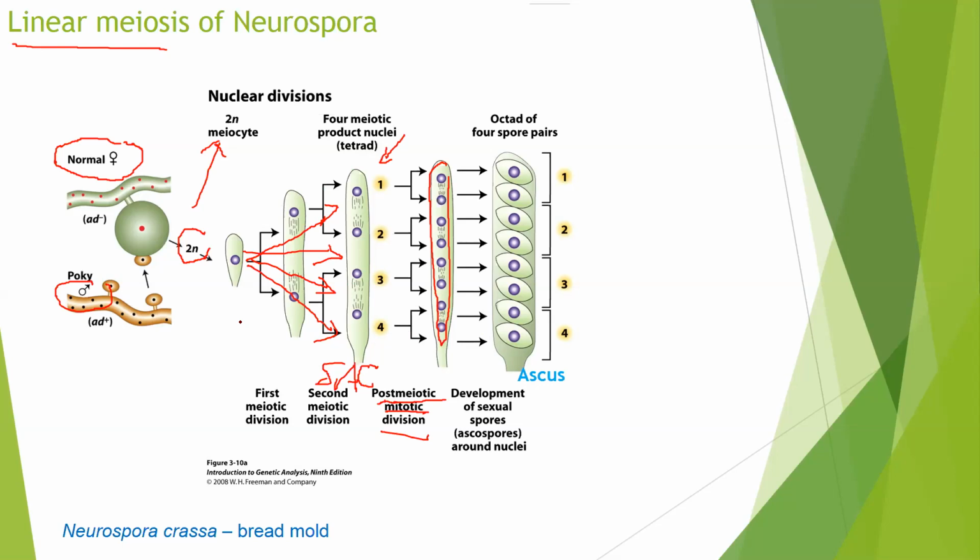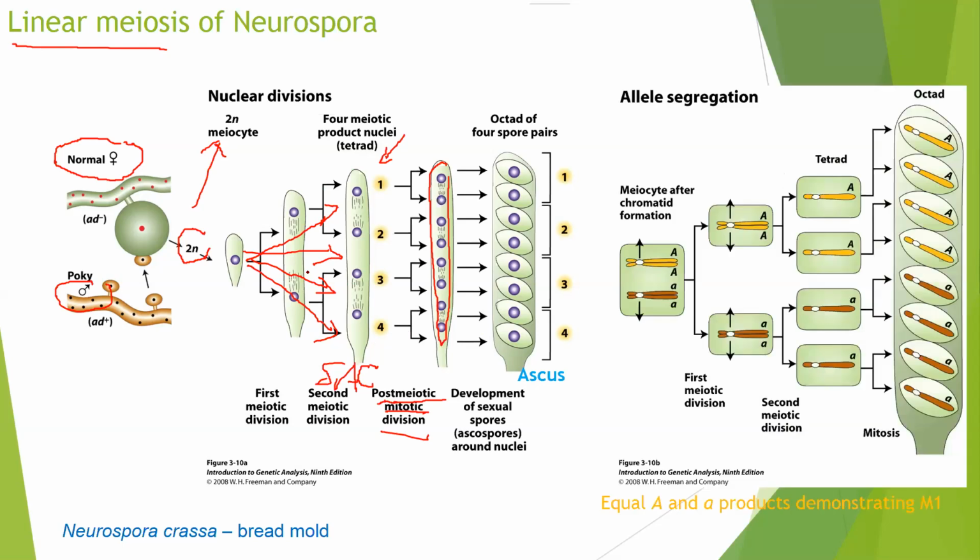So what's the benefit of this? Look here. If we mate this parent with this haploid parent, the resultant individuals will look like this.